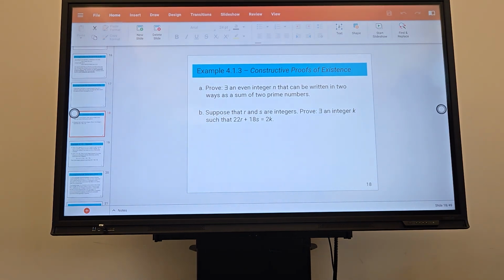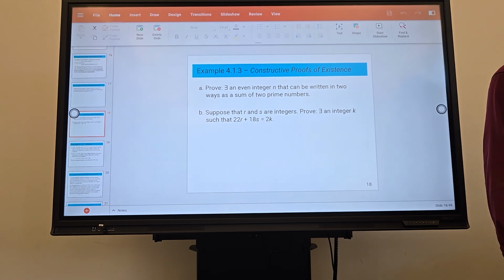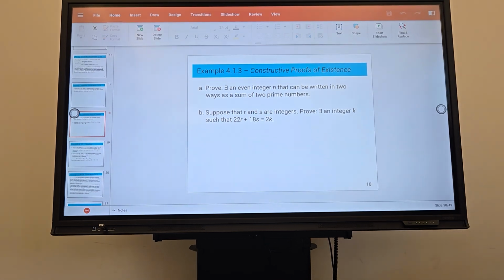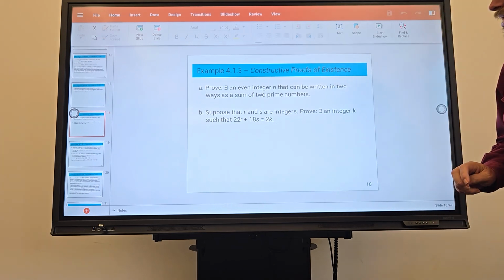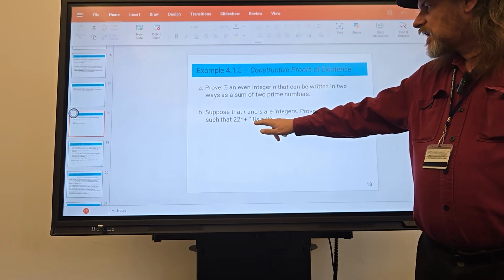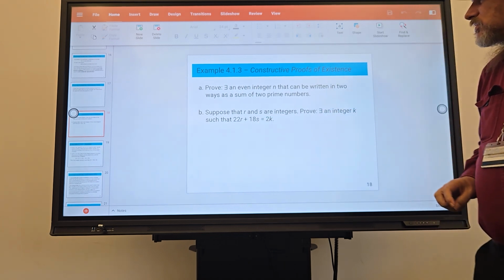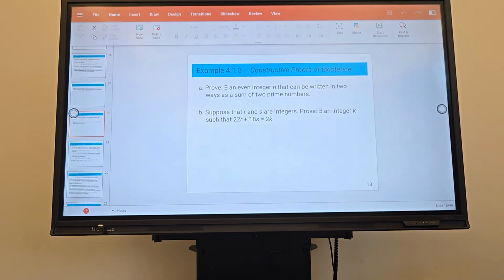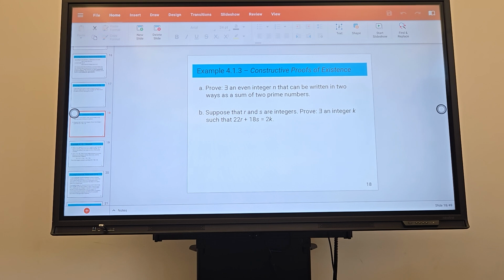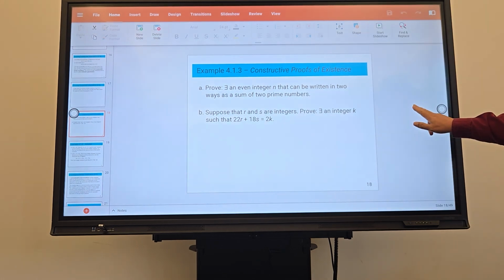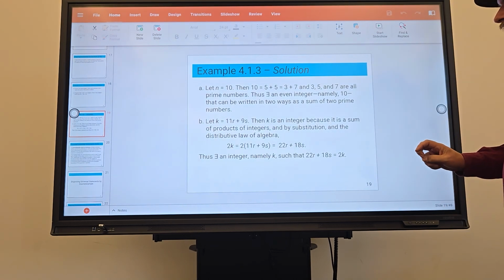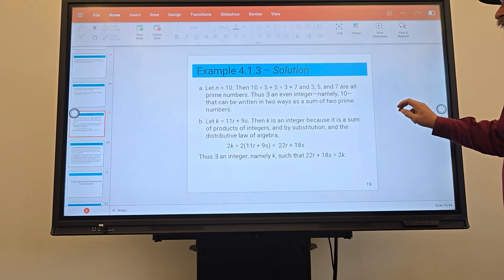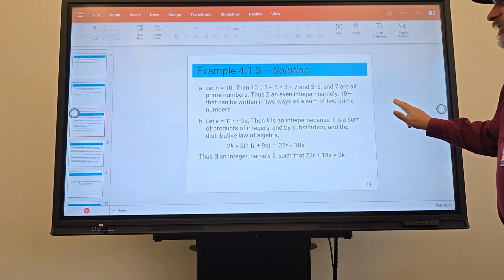And then you can conclude from the remaining that 11 is an integer, R is an integer, 9 is an integer, S is an integer, therefore K is an integer, by one of the assumptions that we had at the beginning of the chapter.